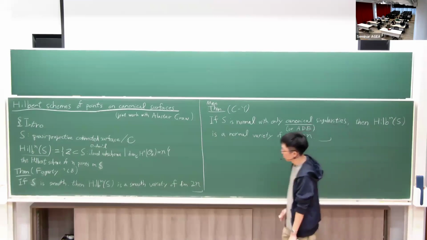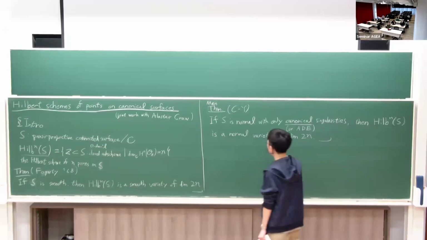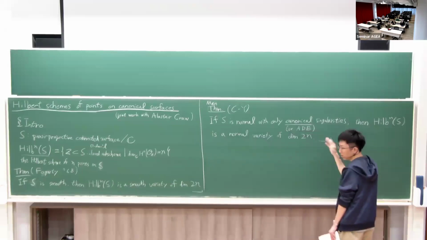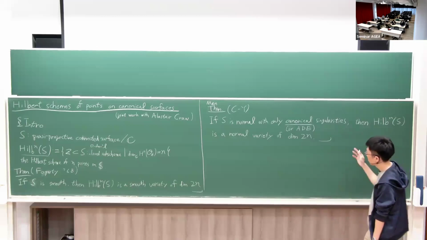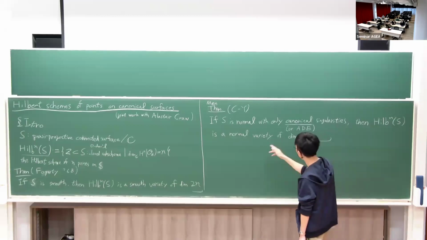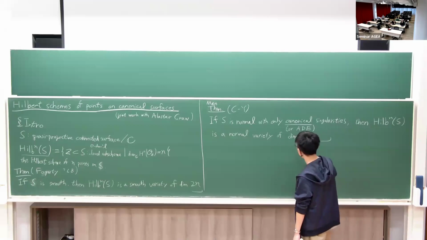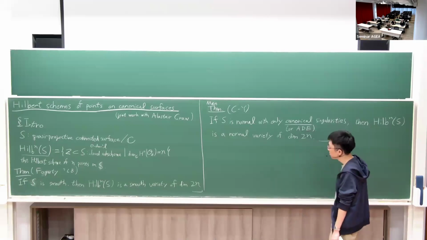So similarly to this theorem, if S has relatively mild singularities, then the corresponding Hilbert scheme also has a similar property. It is a normal variety, and it has the expected dimension 2n.